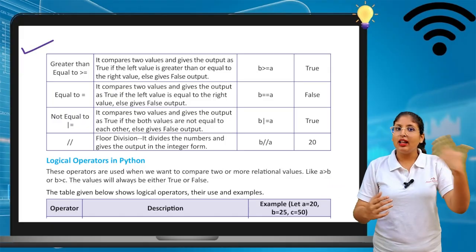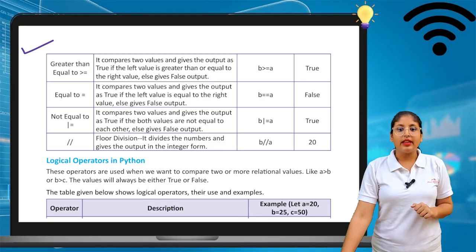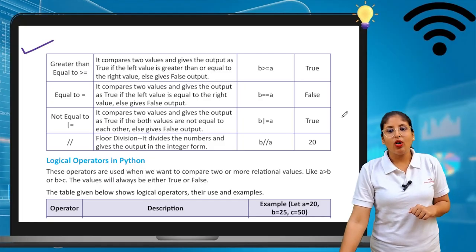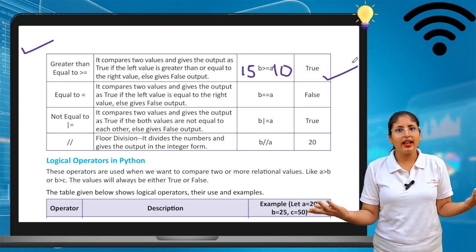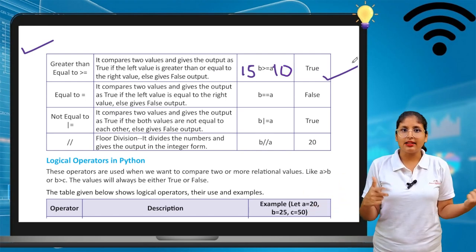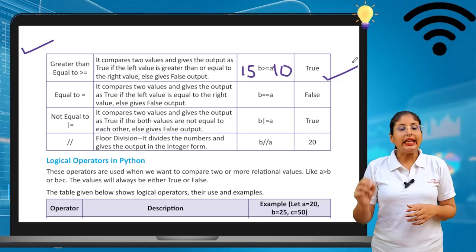Then only it is true. See, the value of B is 15 and the value of A is 10. Is this statement true or not? Absolutely true. 15 is greater than 10. So B is greater than A. This statement is true. Now the equal to sign.